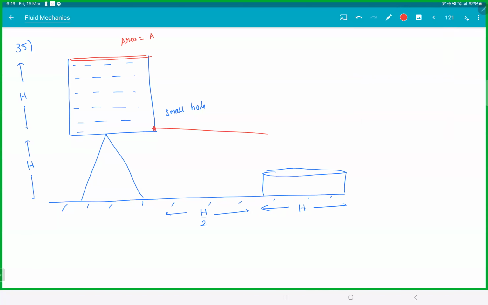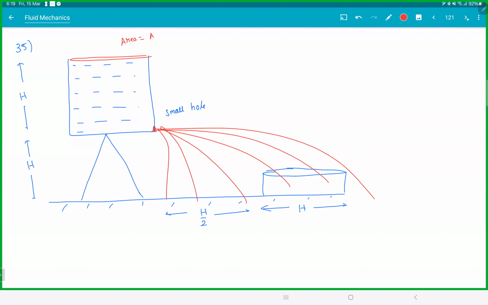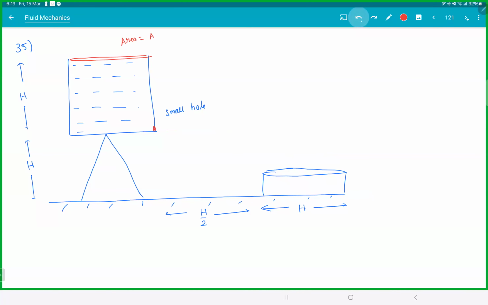Initially height is more, so speed will be like this, na? As the height decreases, what will happen? Agreed? So the question is, find the amount of liquid collected in the container. So how much liquid will fall into the container?